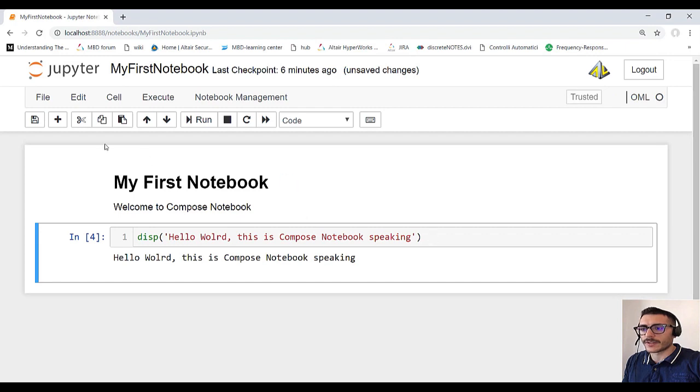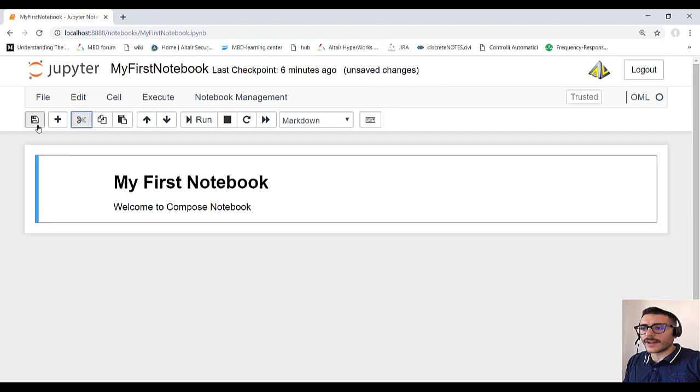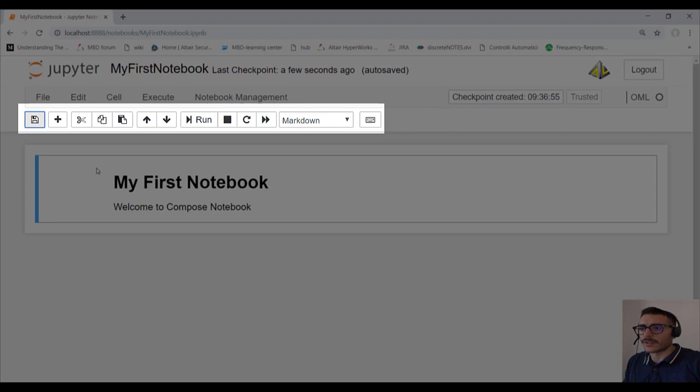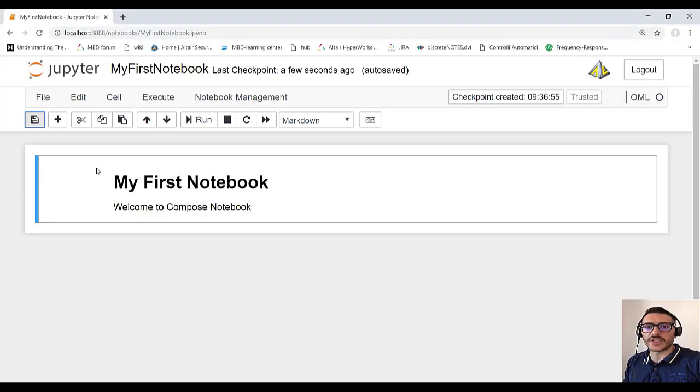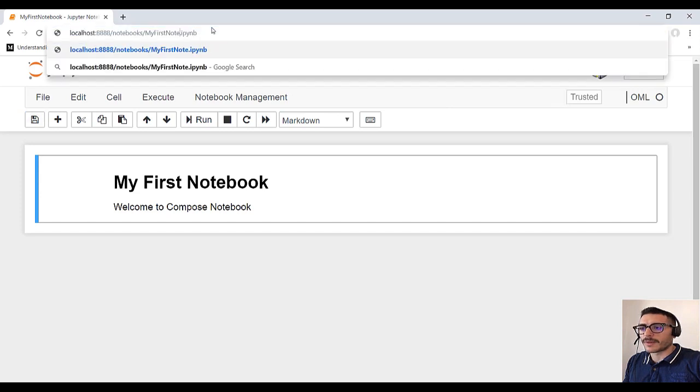So here I'm going to change the string and I'm going to rerun the code. And we'll get a different string. The other commands you need to know are all gathered in this toolbar, and you will become familiar with the notebook pretty soon. But now let's move to the lecture.